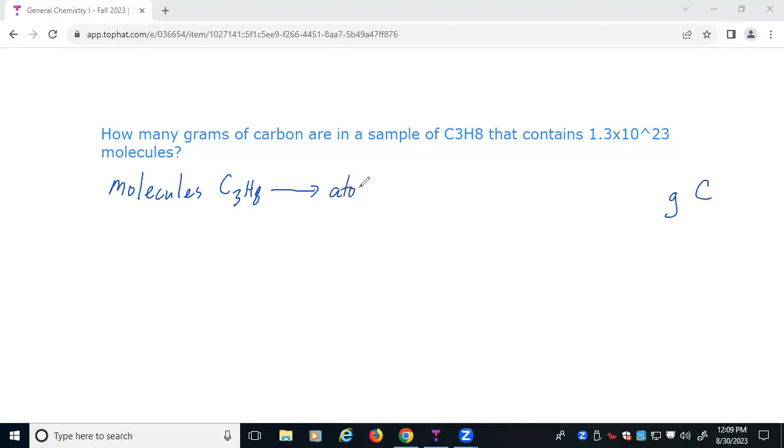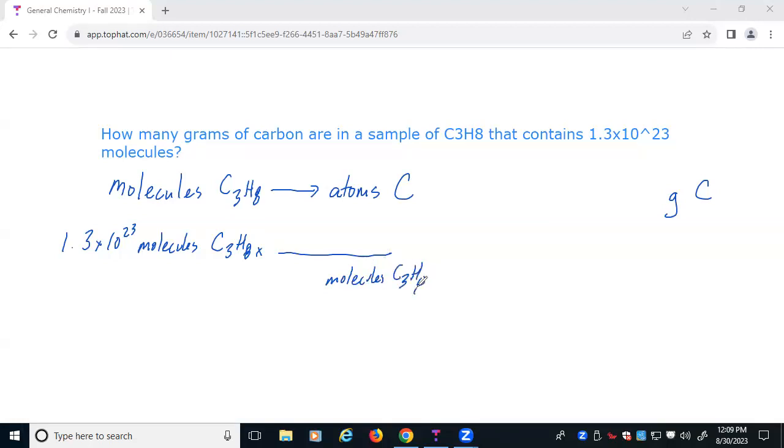I'm going to convert these molecules into atoms first. And the process there is not that hard. 1.3 times 10 to the 23rd molecules of propane. And I want to turn molecules of propane into atoms of carbon.